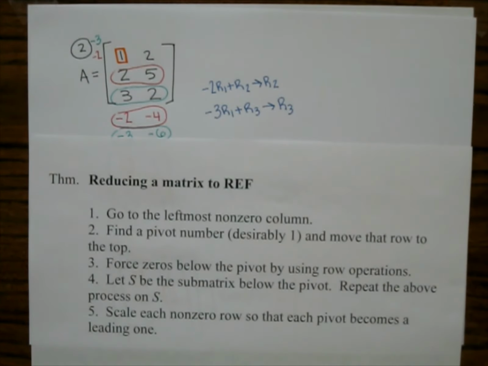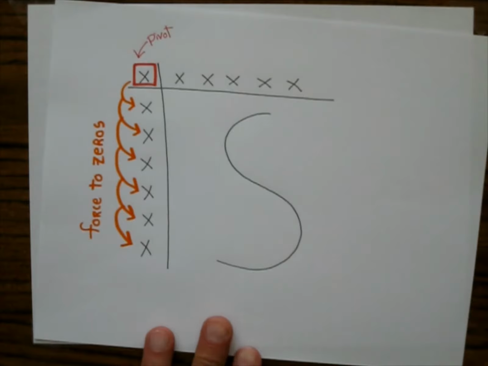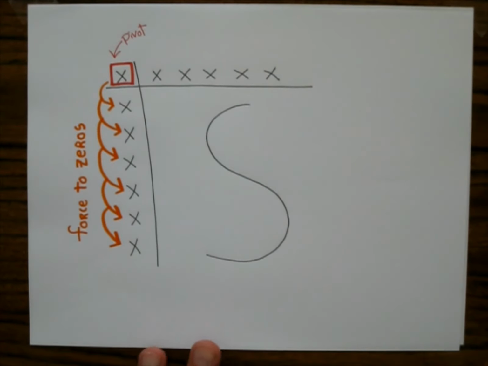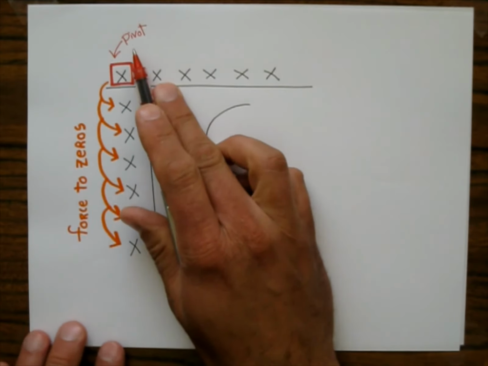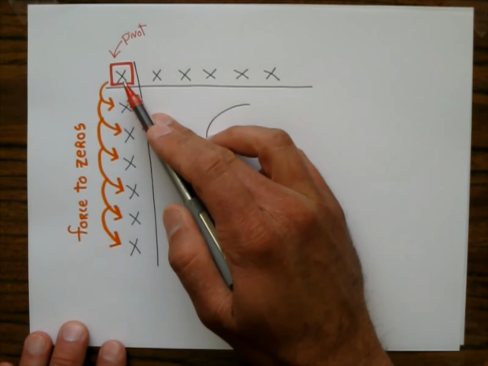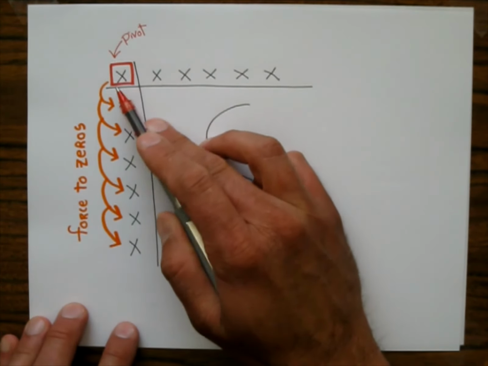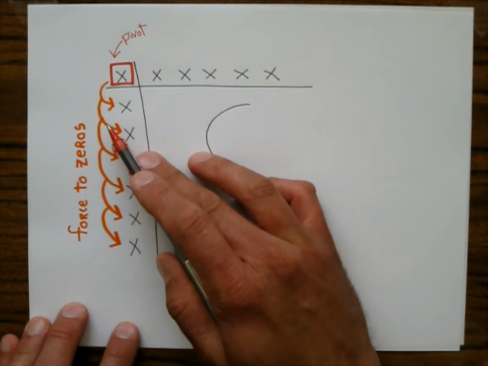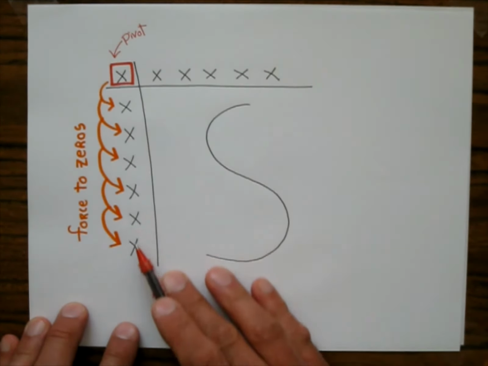So before we do the next example, let me show you a diagram with a more complicated matrix. There's our pivot, and we put it up at the top by interchanging 2 rows, and hopefully our pivot's a 1. Then we use our pivot to force zeros for every other entry below the pivot.